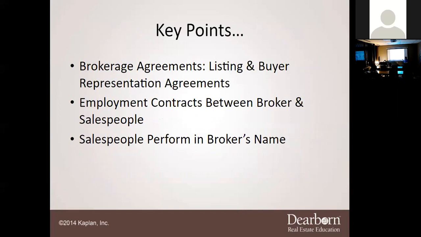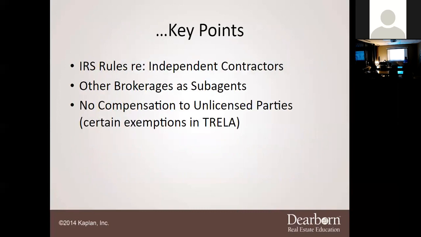Employment contracts are going to be between brokers and salespeople, and the salespeople perform in the broker's name. The IRS rules, basically in regards to independent contractor, is very strict, very strict. Other brokerages are also going to be sub-agents, and there is no compensation to unlicensed parties, except for those exceptions we talked about in TRAILA.